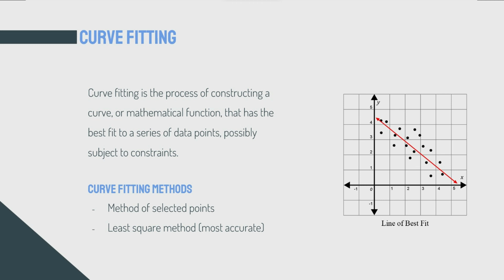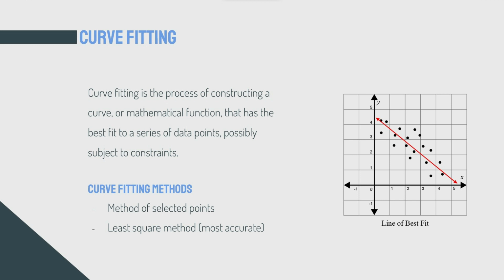If it's another kind of curve, then you have another kind of curve. We're going to learn more about the method of selected points. Basically, you choose the starting point and the ending point and draw a straight line. There are some constraints to that, but we're going to learn together how to do curve fitting by hand and using Excel.